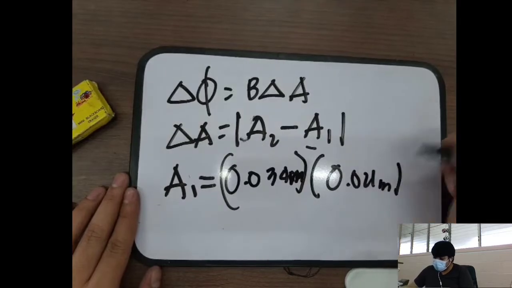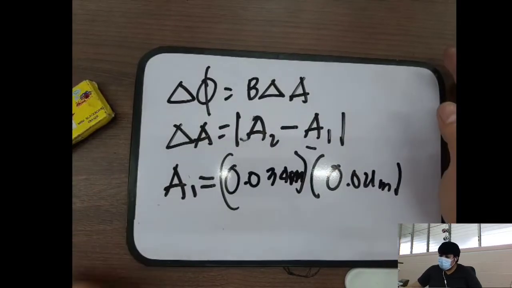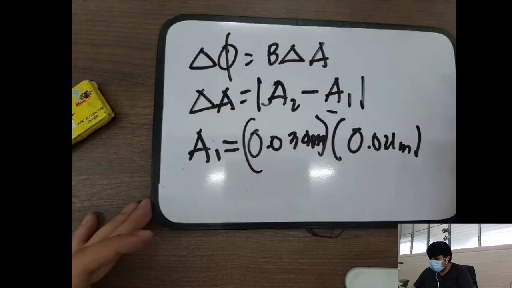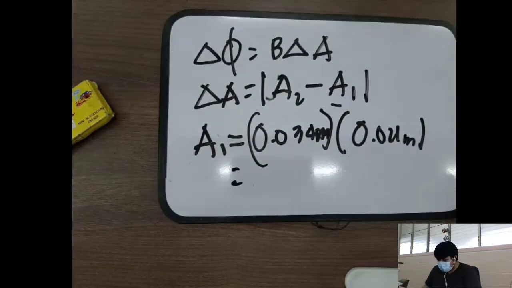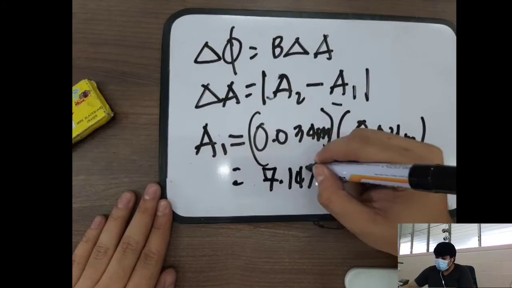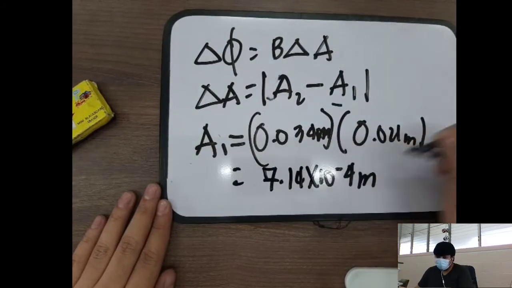I did not show the conversion from centimeters to meters because it's pretty straightforward. So that will be equal to 7.14 times 10 to the negative 4 square meters.